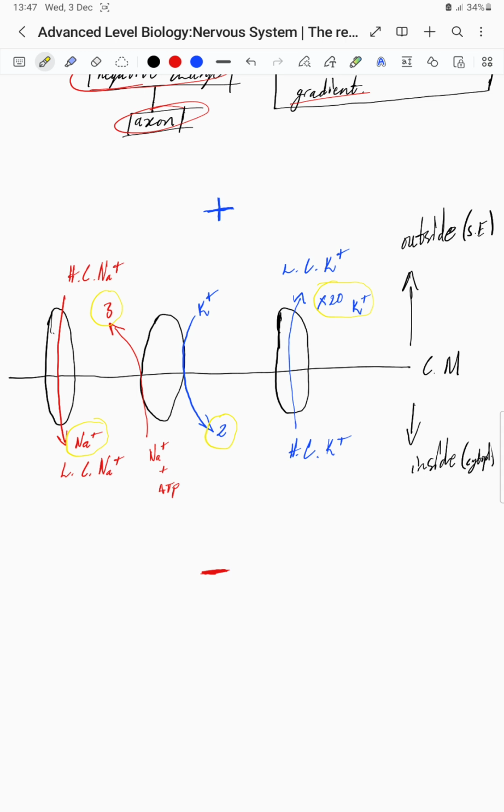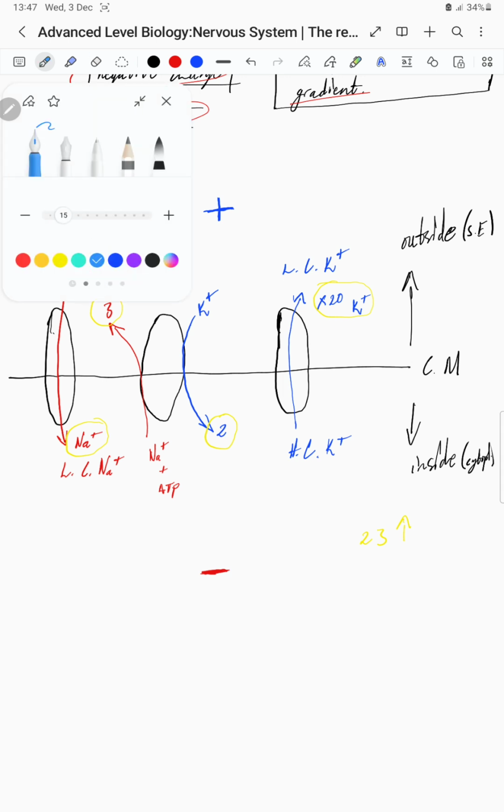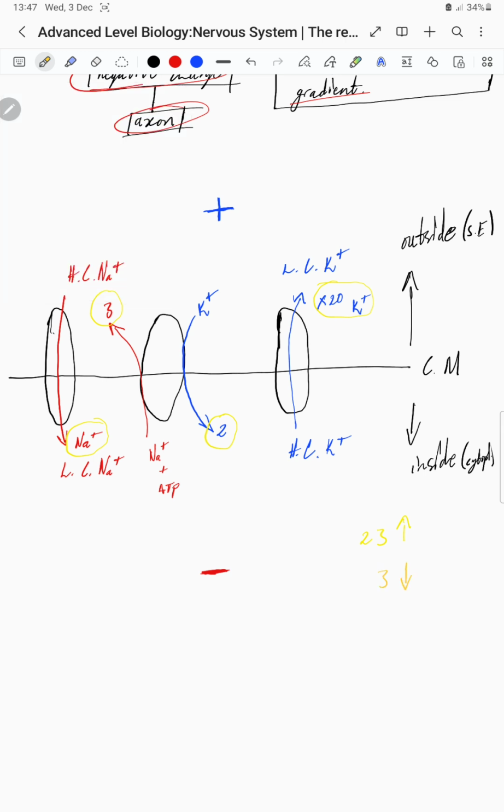So you realize that we have about 23 going outside and only 3 going in. The difference, you see, these are all positive charges. You realize that the outside will become more positive and the inside will become more negative.